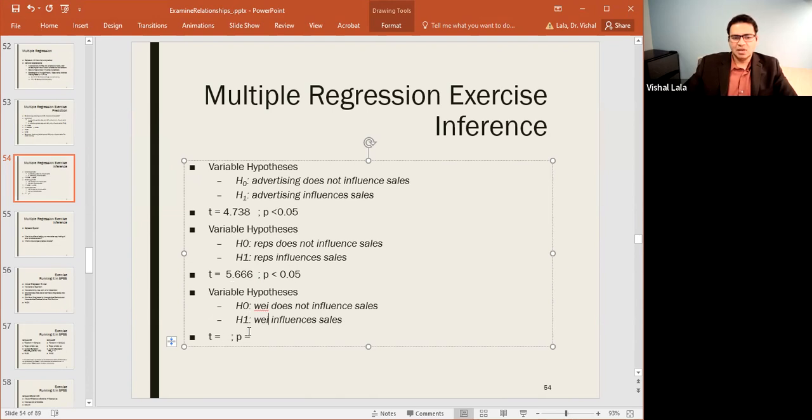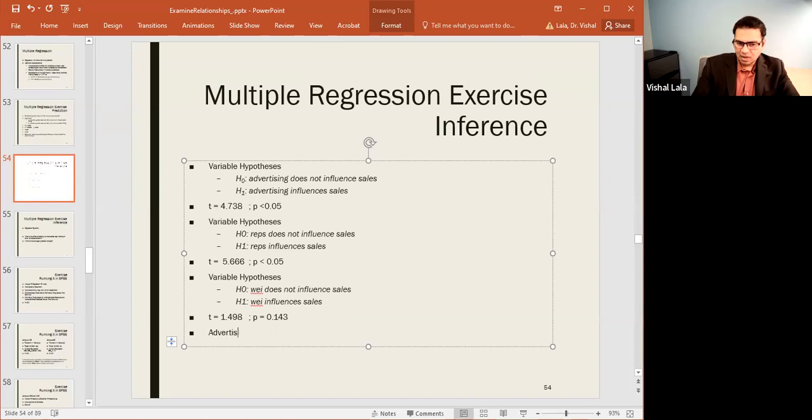You can see a situation where things don't pan out as hoped for. Our t-statistic here is 1.498, and our p-value comes up to be 0.143. That is not less than 0.05. You can then conclude that advertising influences sales, reps influence sales. However, WEI is not a significant influence on sales.